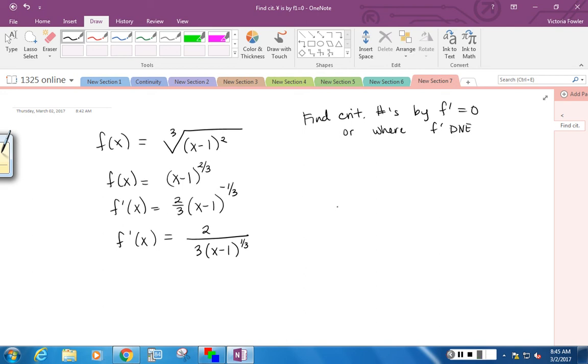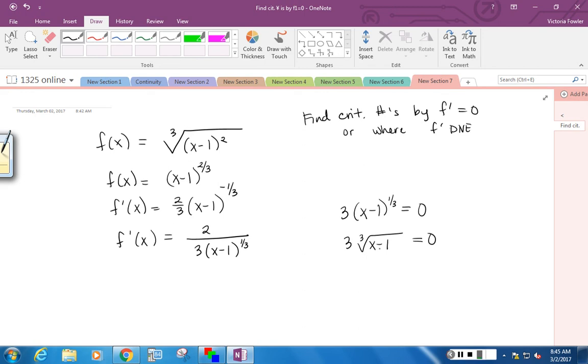So let's go 3 times the quantity x minus 1 raised to the 1/3. Let's set it to 0, because we cannot divide by 0. I'm not taking the derivative and setting it to 0 right now. I'm saying where would my derivative not exist?